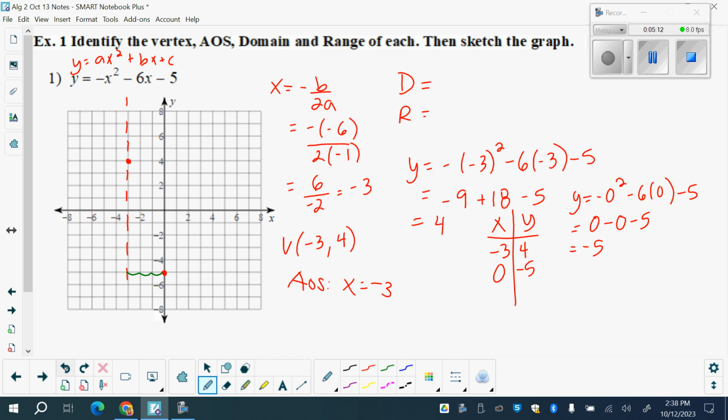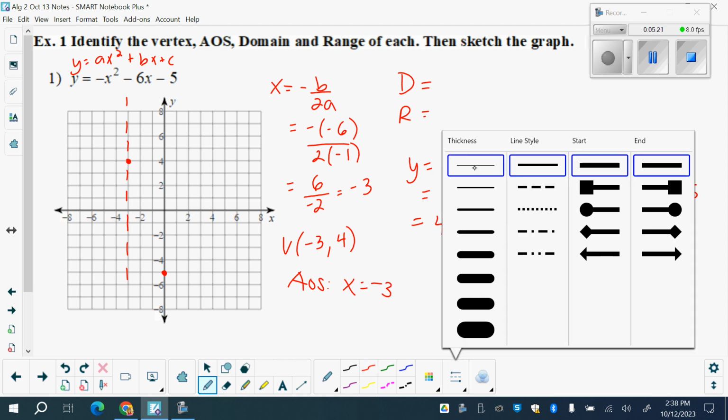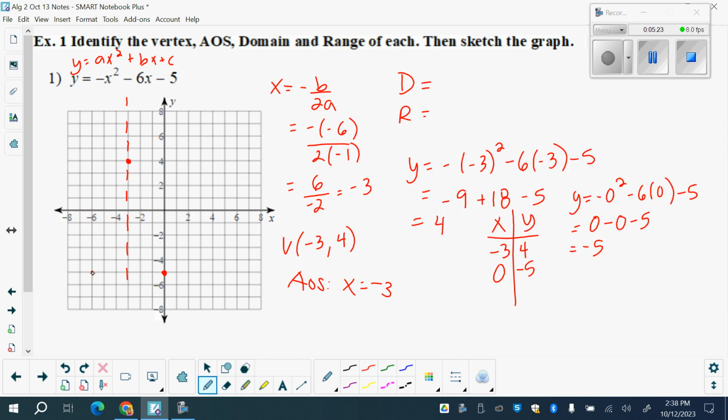My point is right here. And then when I make my graph, again, this is curved here. And then my two sides, let me do that again. So my two sides start to go.